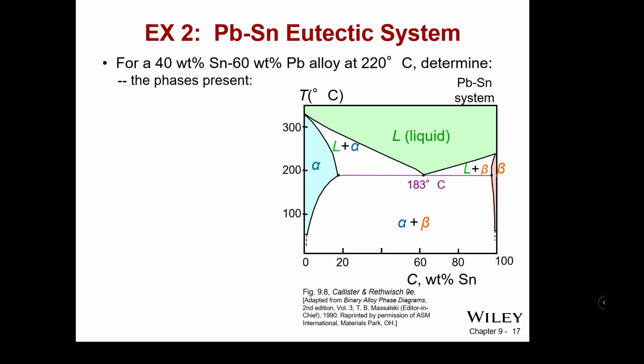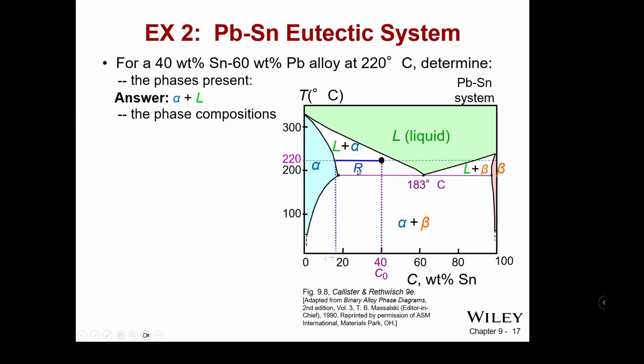So the same eutectic system, we now have a 40 weight percent tin alloy, but we've raised the temperature to 220. So we draw our line up from 40, because that's our starting composition. We then draw our tie line across to alpha and our tie line across to the liquid. So we're in the liquid alpha region. That's our composition.